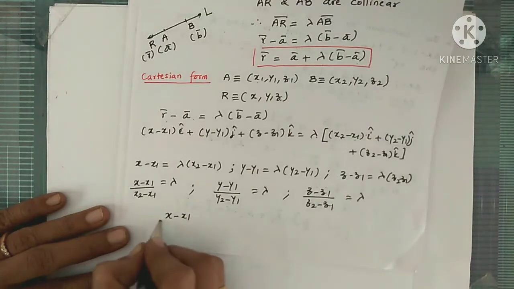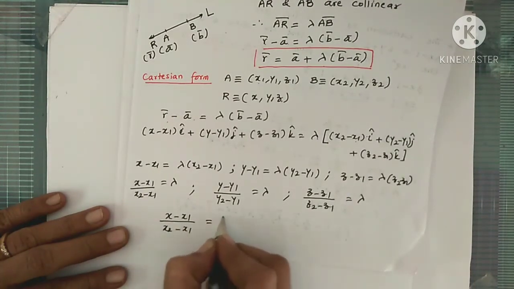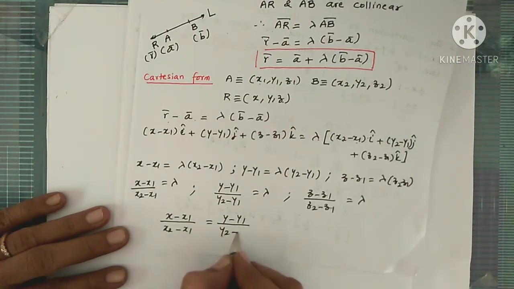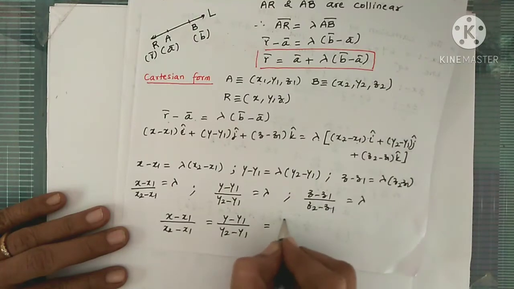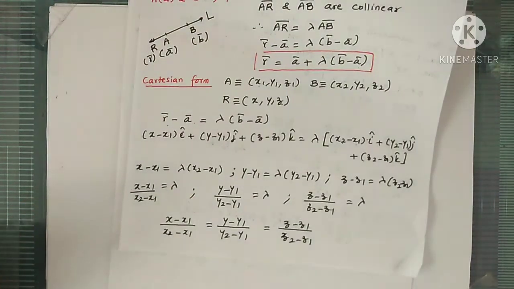Therefore, the Cartesian form is x minus x1 upon x2 minus x1, y minus y1 upon y2 minus y1 equal to z minus z1 upon z2 minus z1. So this is the Cartesian form of the equation of a line passing through 2 points.